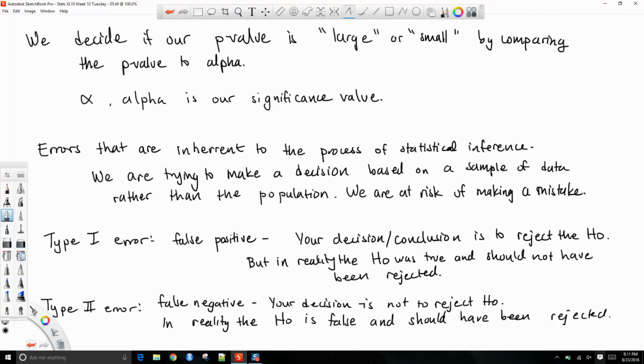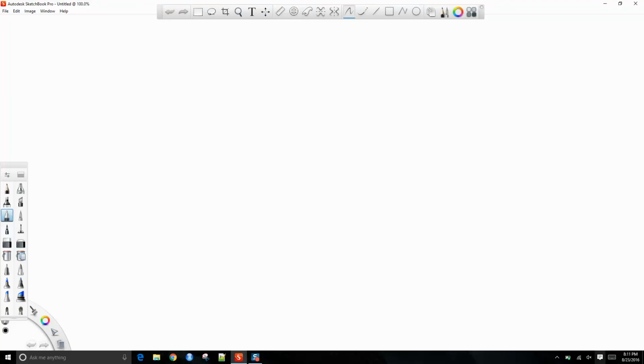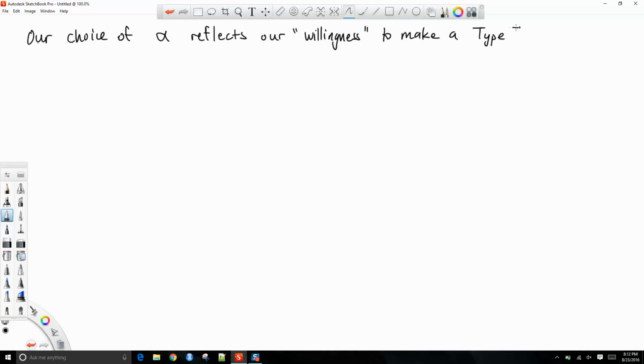All right, do we have all this written down? And so our choice of alpha reflects our willingness to make a type 1 error.